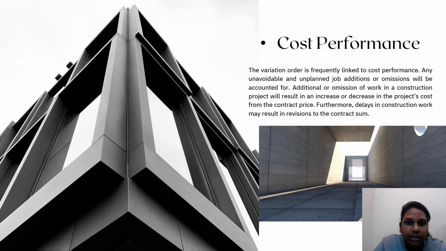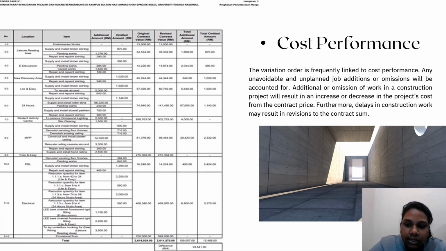Cost performance. The variation order is frequently linked to cost performance. Additional or omission of work in a construction project will result in an increase or decrease in the project cost from the contract price. In this project, the design team, consult team, and contractor team all had to do their best to monitor and keep the project expenditures within the contract sum.